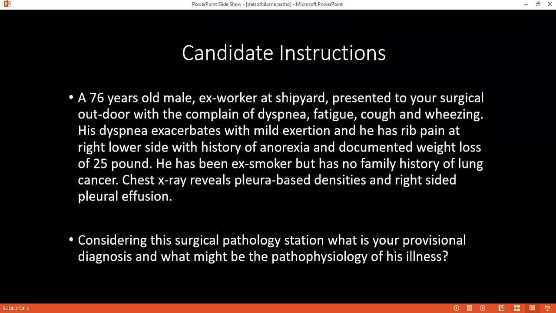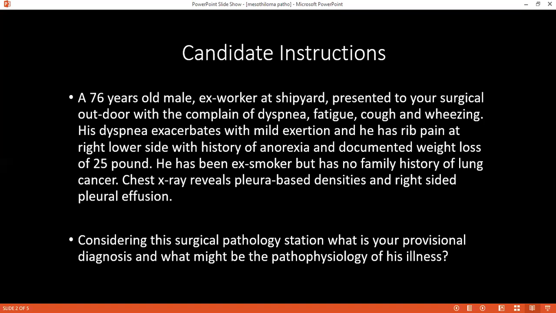How would you differentiate mesothelioma from a bronchogenic carcinoma? Bronchogenic carcinoma is centrally located, mesothelioma is peripherally located, and mesothelioma has diffuse malignancy. Separating healthy and cancerous tissue is very blurry, so that's why it is difficult to treat mesothelioma.